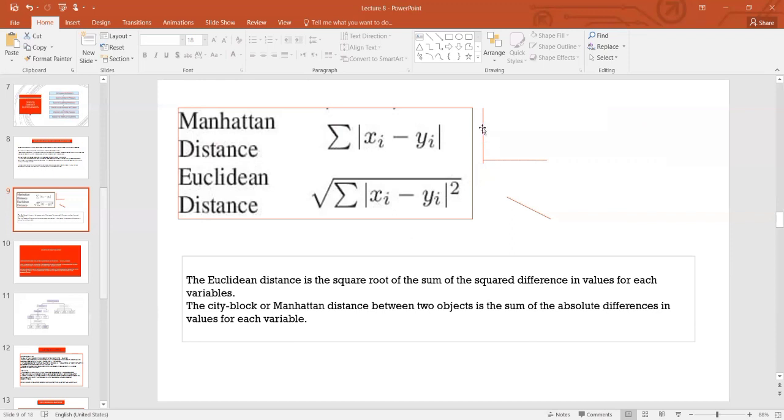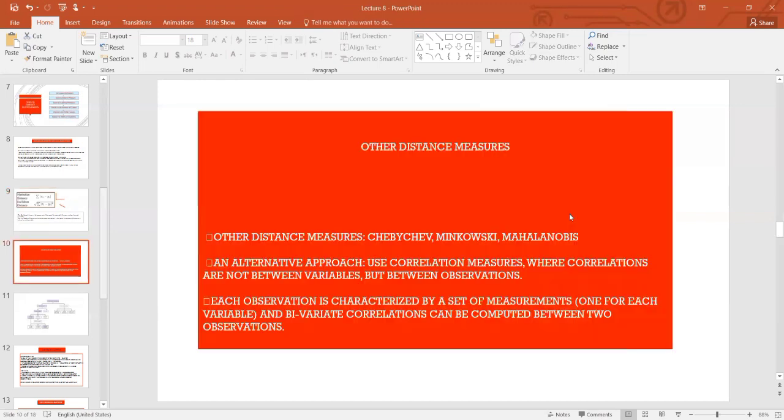Manhattan distance بنستعملها لما يكون في عنا هذا الشكل، هيك بدها تكون A B، واليوكليديان distance بيكون هذا الشكل 2 points، الفرق بيناتهم distance بيناتهم. We also have other distance measures, and alternative approaches like correlation measures.